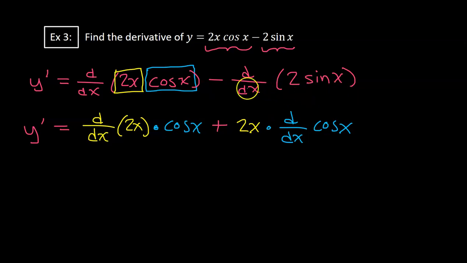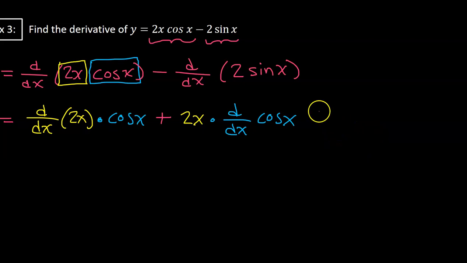Then we have the other part, the minus d/dx of 2 sine x. So let's go ahead and do something with that. So remember, when there's a constant, we can just leave the constant in the front and then just do the derivative of the inner part. So that's what I'm going to do.